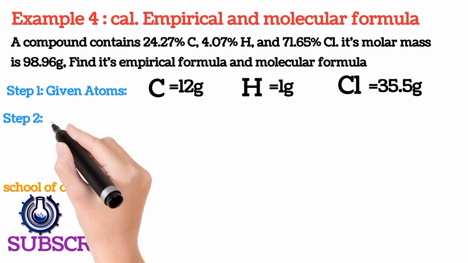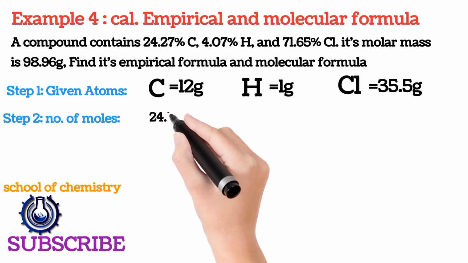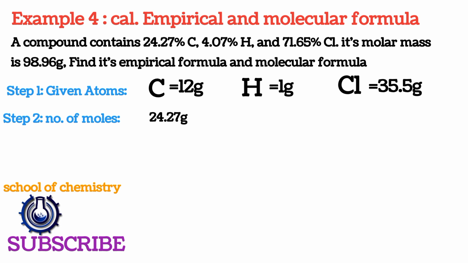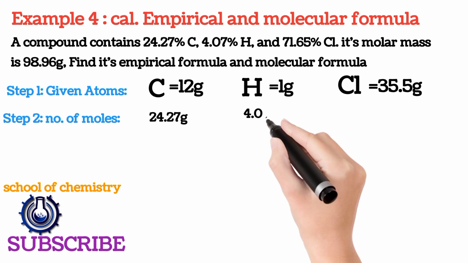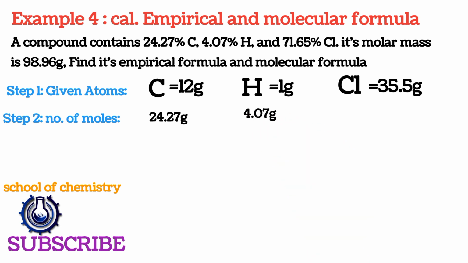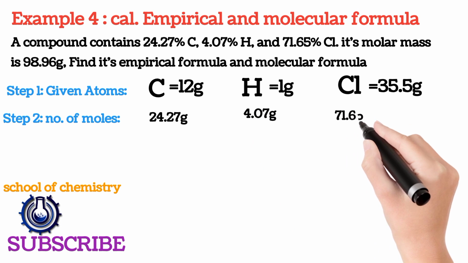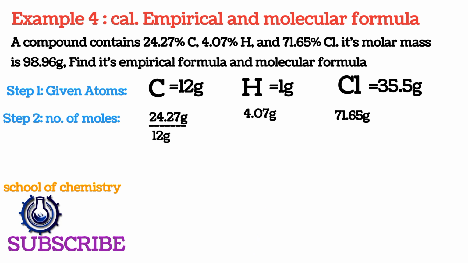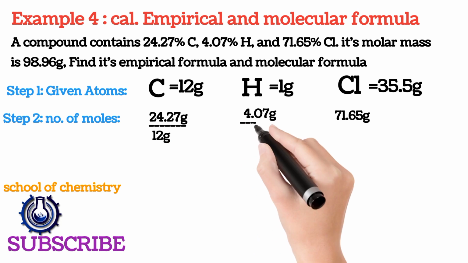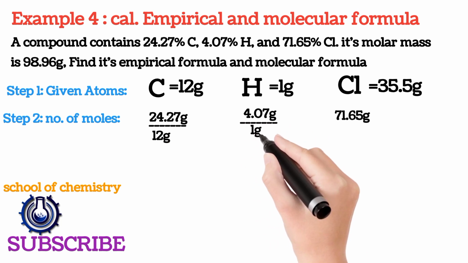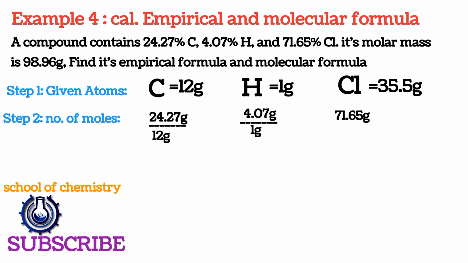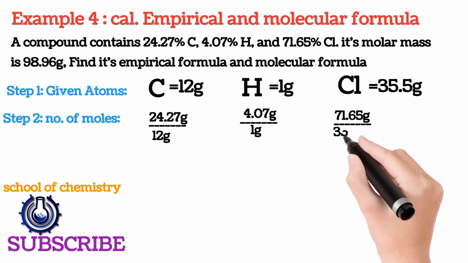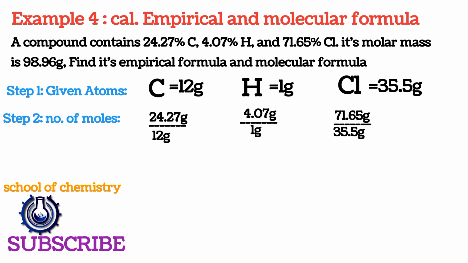Step 2, we'll calculate the number of moles. So we'll write the percentage composition as masses. That is 24.27 grams, 4.07 grams, and 71.65 grams as given. Then we divide through by the relative atomic masses: 24.27 divided by 12, 4.07 grams divided by 1, and 71.65 grams divided by 35.5 grams.